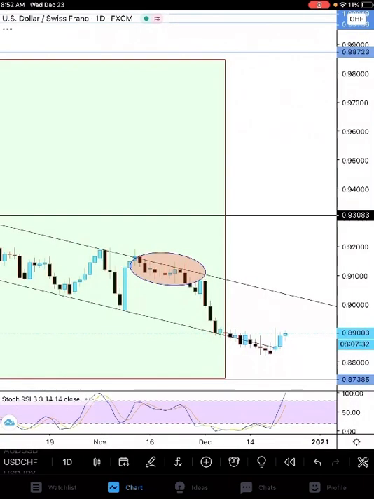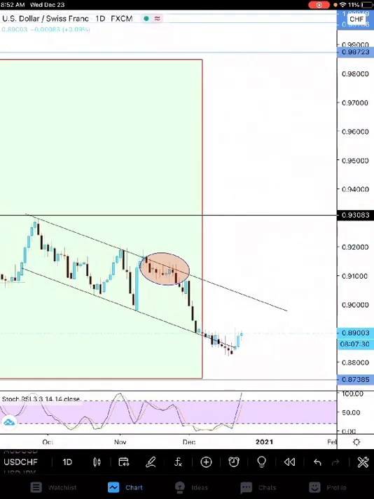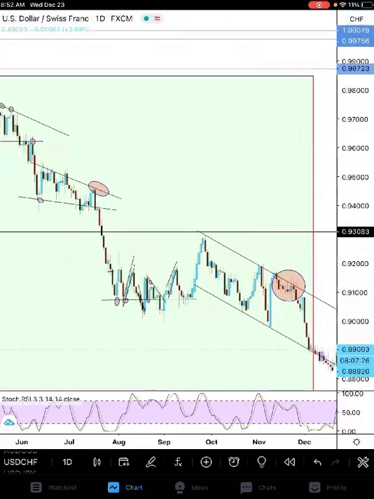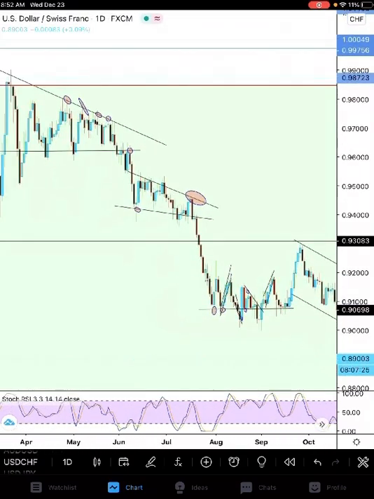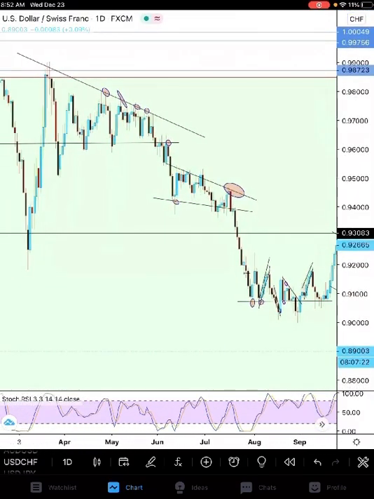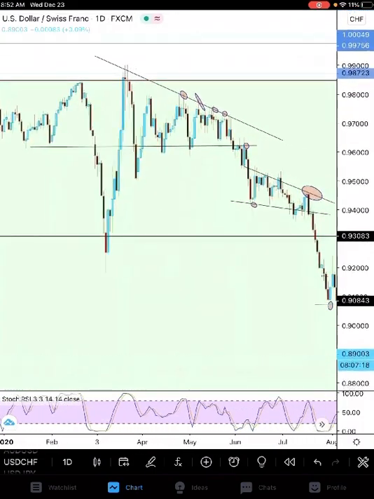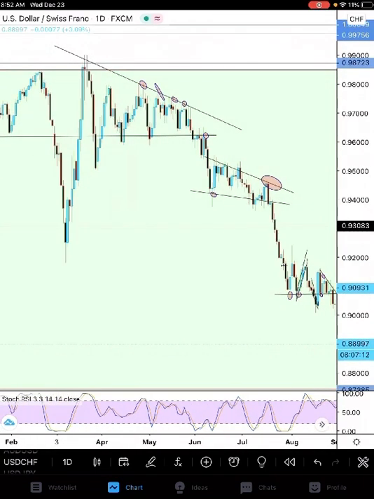But this is your bread and butter. The 4 hour and daily is so clear. All of those circles are just the beginning or certain hours in the session, or session hours.